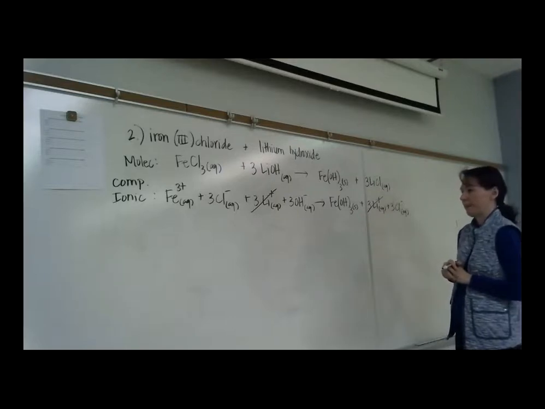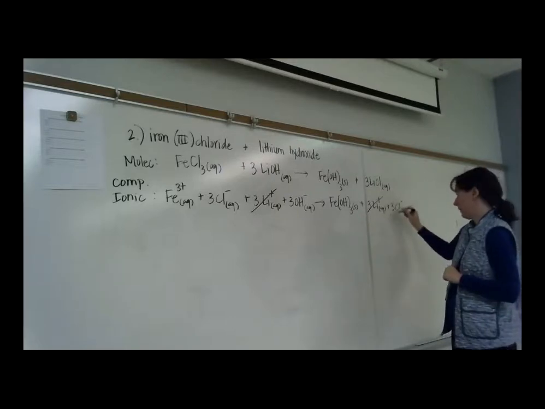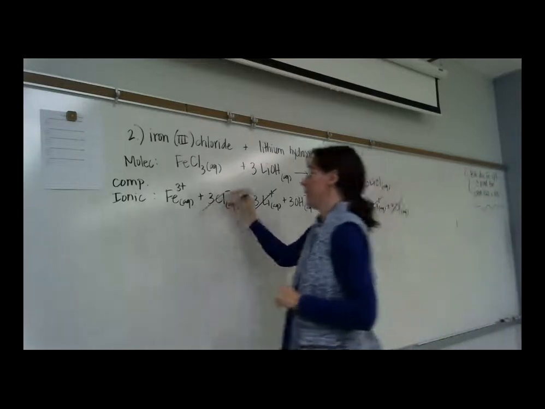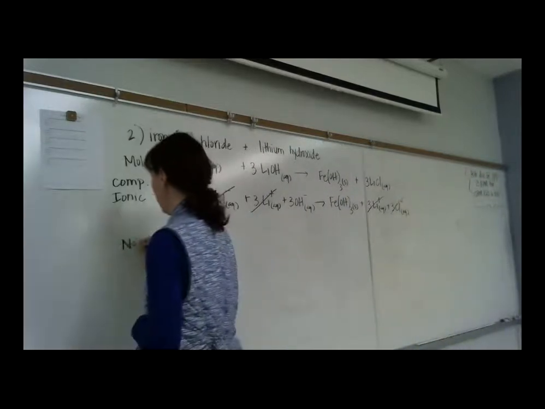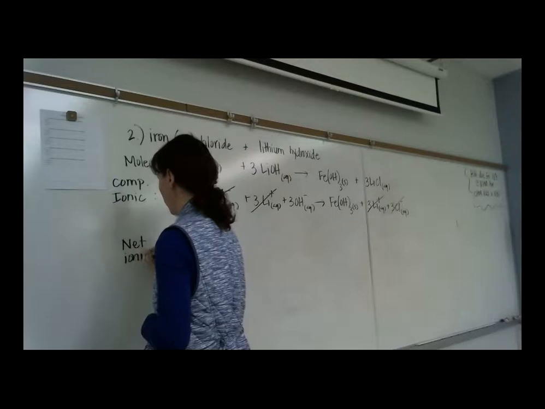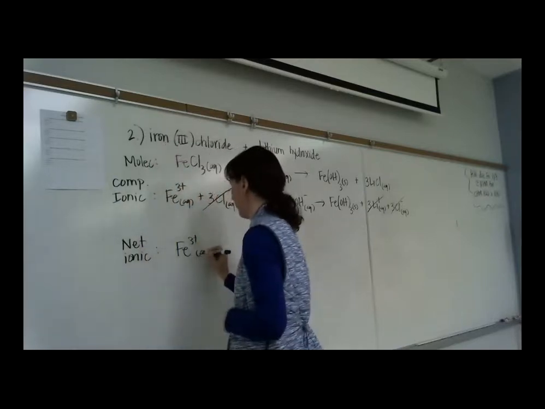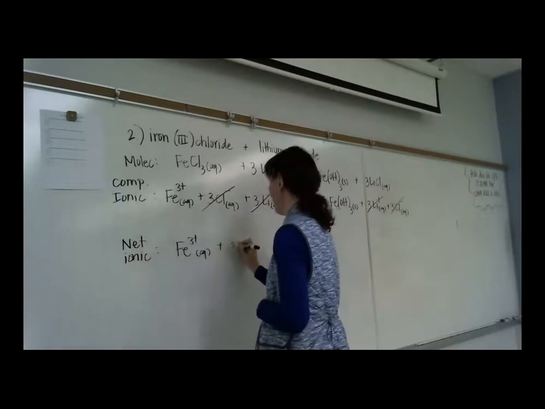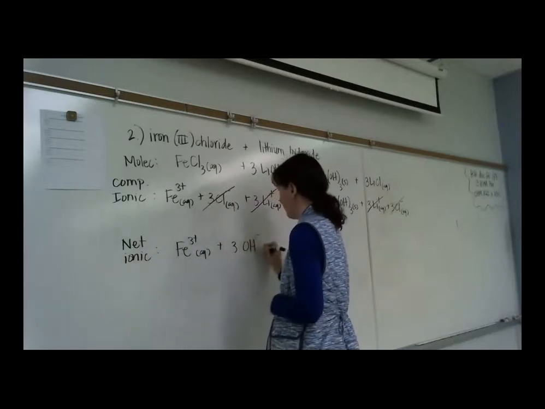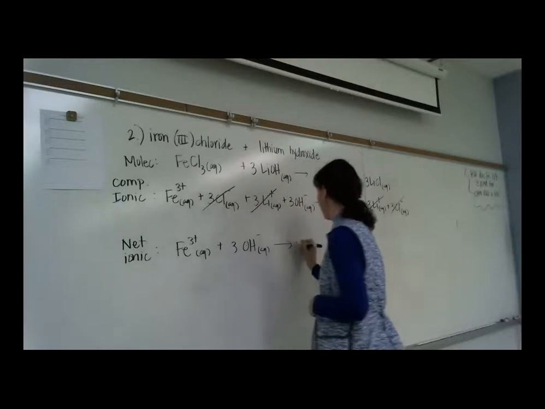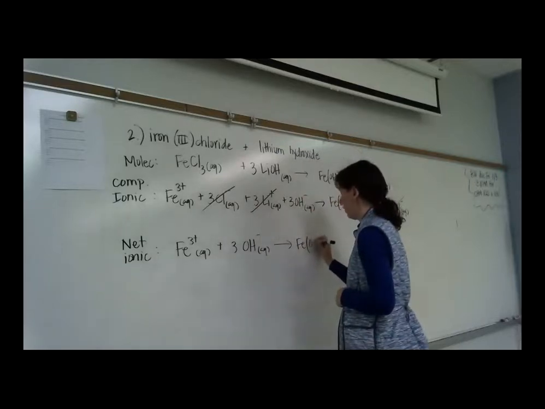Which one? The Cl-, right? So my net ionic that I'm left with will be Fe3+(aq) plus 3OH-(aq) produces Fe(OH)3 solid.